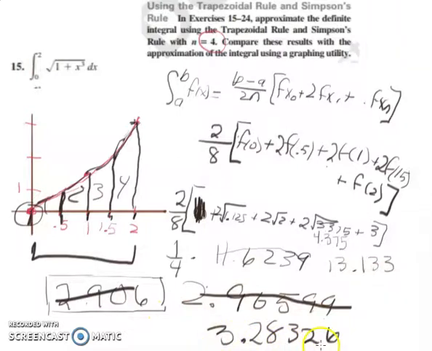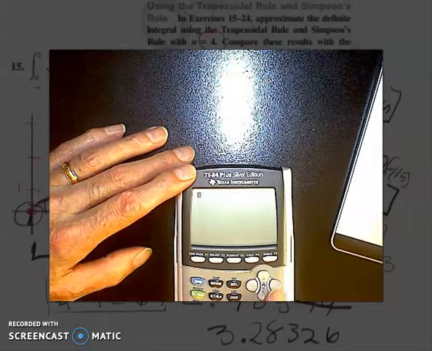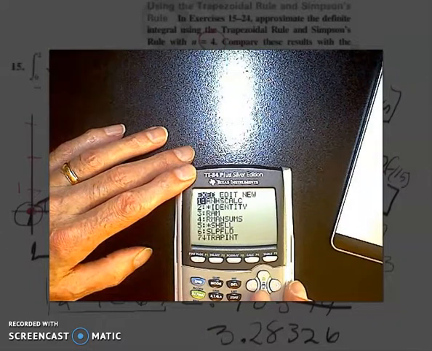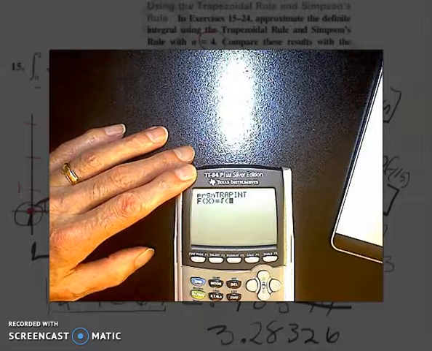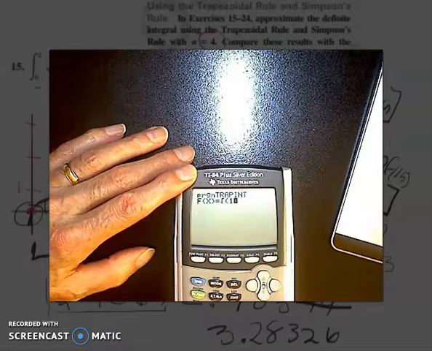So 3.283. I have a program for you, which you can have. We'll have to figure out how to get it to you. But it's integration by trapezoids. It's the same deal. Remember our, what was our function? Square root of, what was it again? 1 plus x cubed.